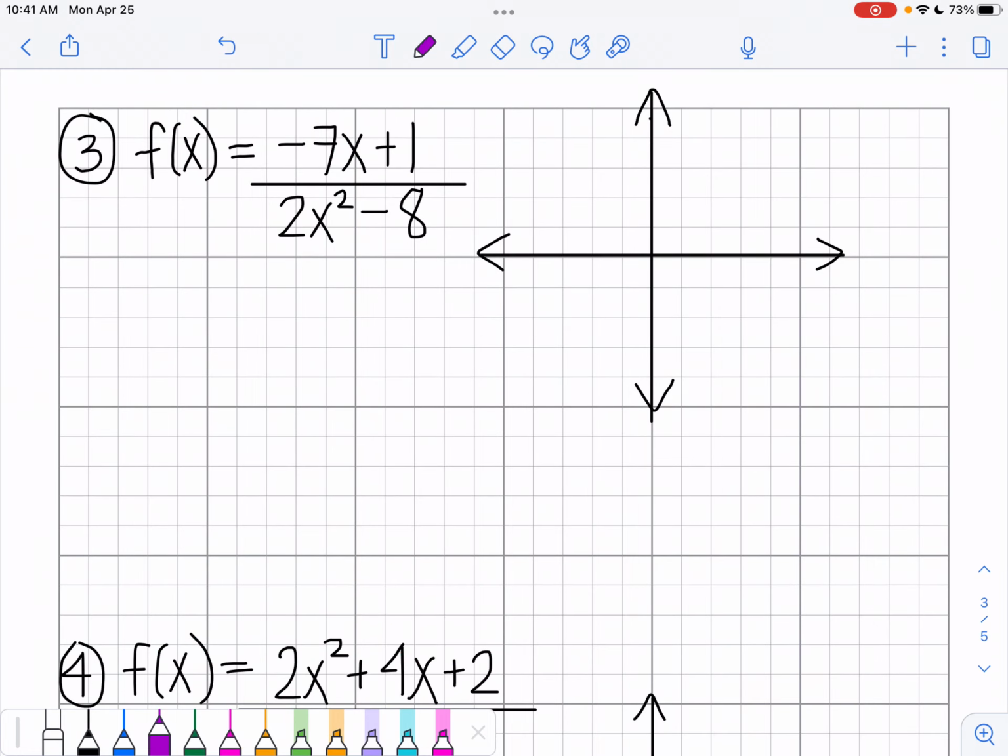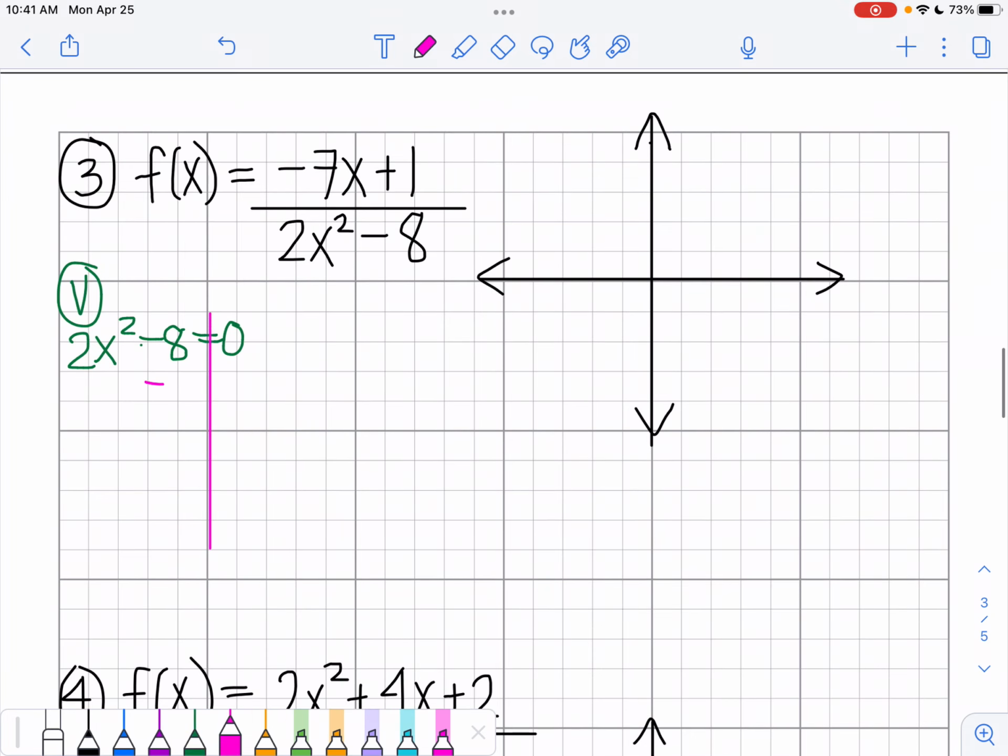Okay, vertical asymptote, we'll find it first. We're going to take our denominator and set it equal to 0. I'm going to add 8 to both sides. So I get 2x squared is equal to 8. I need to divide both sides by 2 to get x on a side by itself.